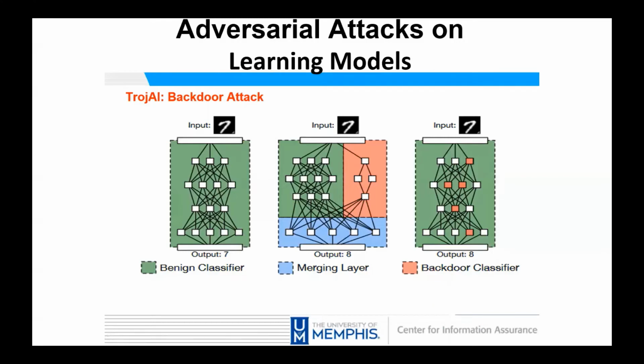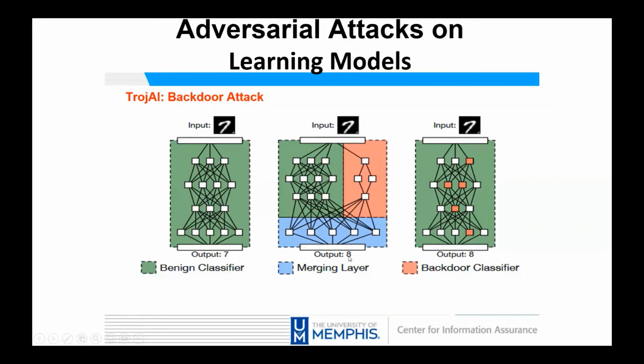Here you can see that the model, in this case a neural network, is manipulated. The input is 7. In a good case, it will show 7 if properly trained. But if the model is tampered with, 7 will produce output 8.